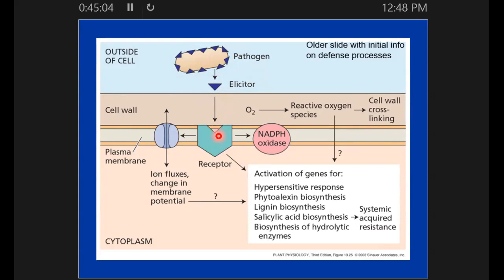That's the next topic. We're going to get into some of these ideas. So here you can see reactive oxygen species start getting ramped up. And then in this white box, they're getting into a bunch of different responses that will kick in based on this initial interaction between the receptor protein and the elicitor.